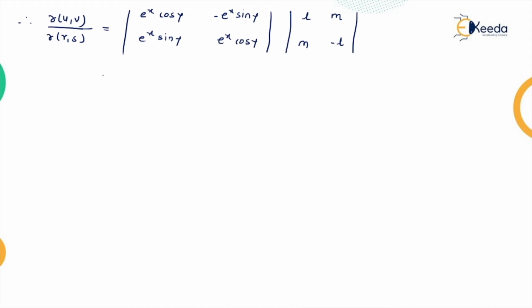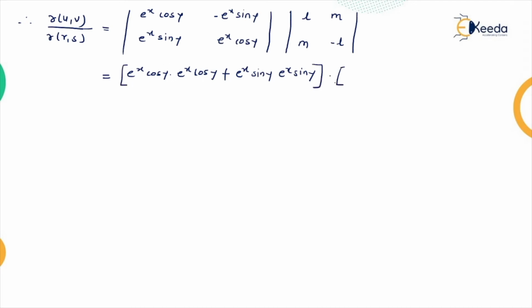So therefore this is e to the power x cos y into e to the power x cos y, minus, you have to just take its simplification of the first determinant, minus plus is there, e to the power x sin y into e to the power x sin y, that is in the first bracket.